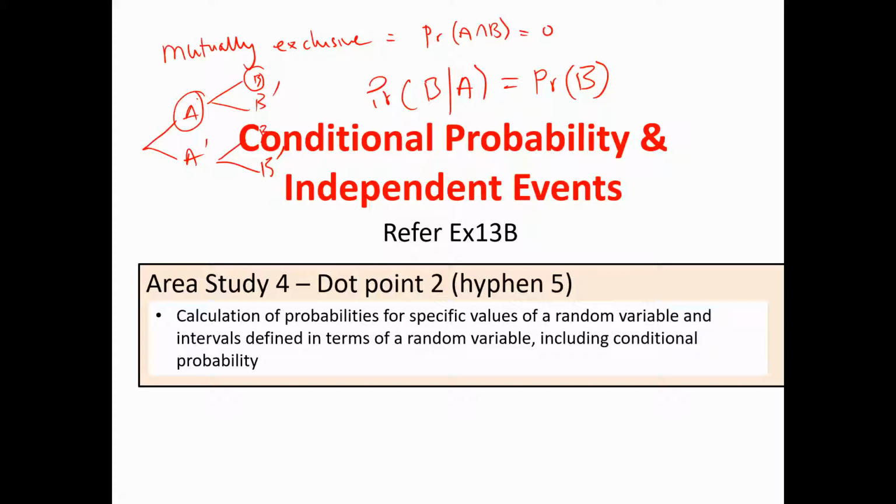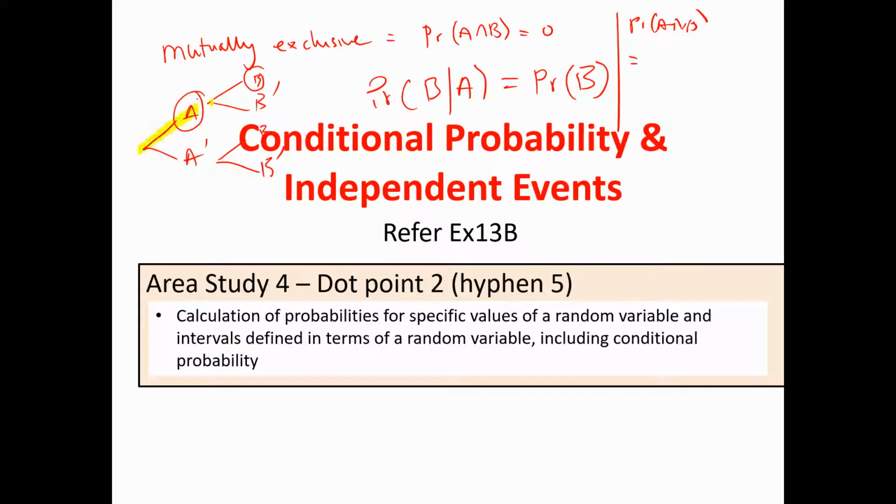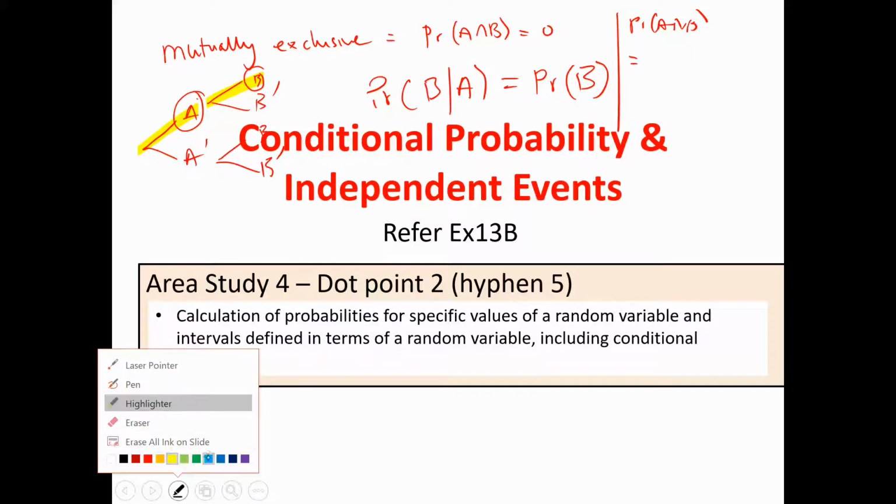That's it. So we're just going back to what you were saying here. You said the chances of A does not affect the chances of B. Now moving on an extra step: what's the chance of getting A and B at the same time? The probability of A and B occurring is equal to, and normally how we'd do it is we'd multiply the branches, which is probability of A times probability of B. Now here's the difference between the two, and this is what I wrote yesterday, so I'm going to write in blue.